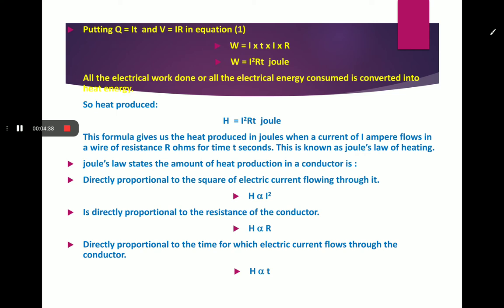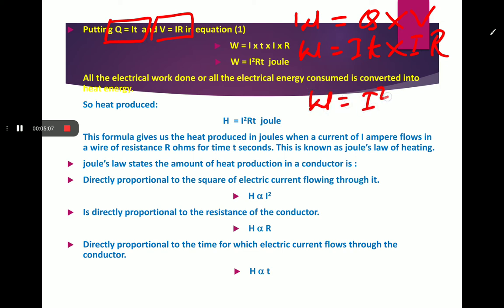Now here, from the first equation, that is work done is equal to charge multiplied by potential difference, and we know that charge is equal to I t, so we will put that I t here, and we know that potential difference is equal to I R. So work done becomes I squared R t.